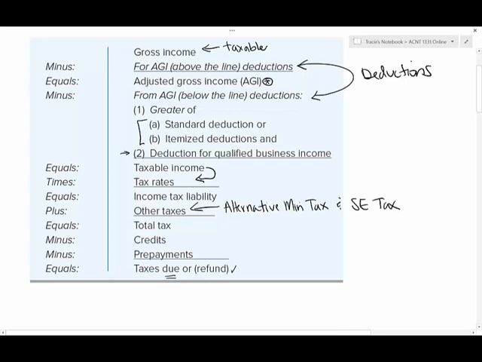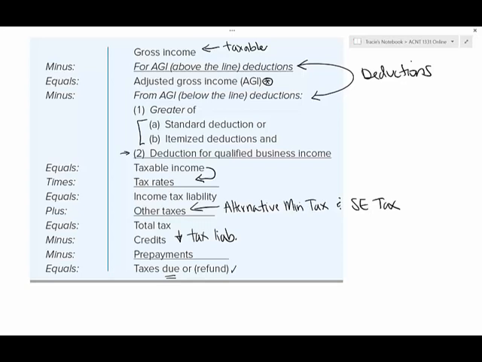We will cover both of those in a later chapter. We'll get our total tax amount, and then we will subtract out our tax credits. Tax credits reduce the taxpayer's tax liability. We would rather have a tax credit than a deduction, because a tax credit reduces the amount of taxes due dollar for dollar.